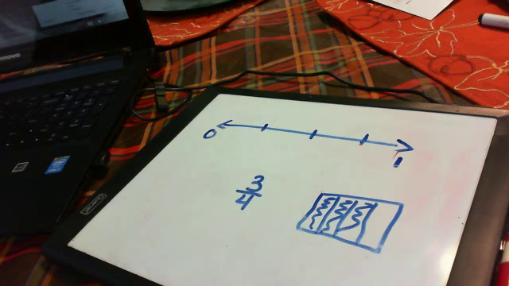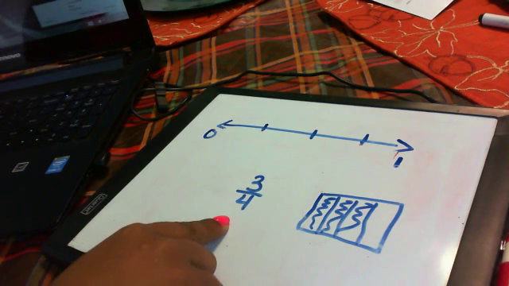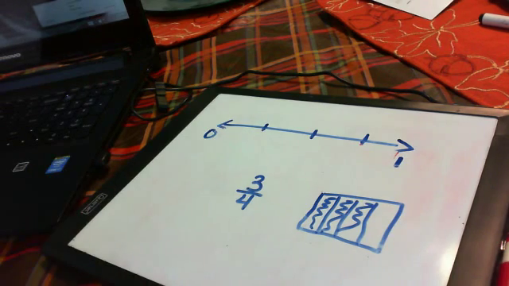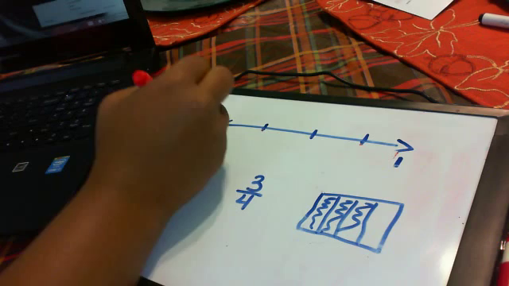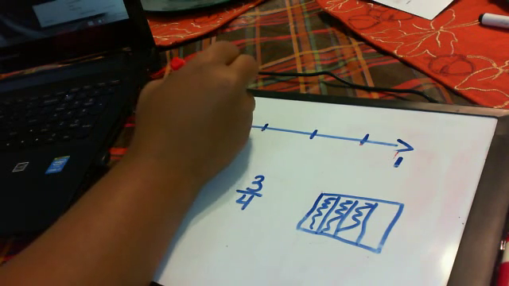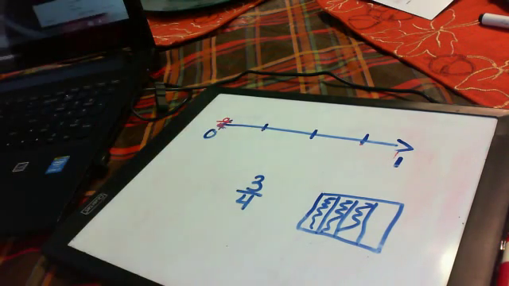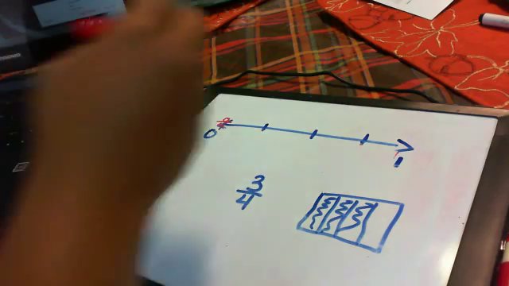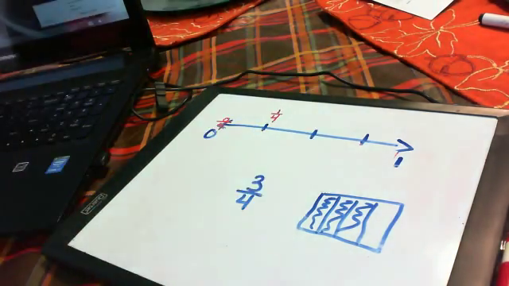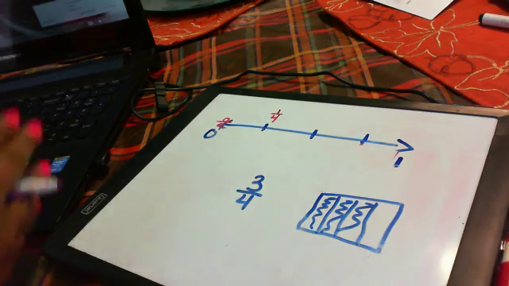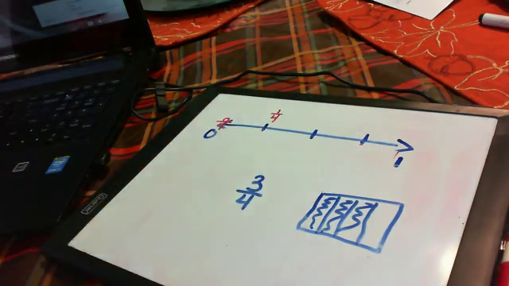So now that we have 4 parts, we need to label them so we know exactly where this point is located. So, 0 is the same thing as 0/4. Now we're going to come here and we're going to write 1/4 because that's one of the 4 sections.